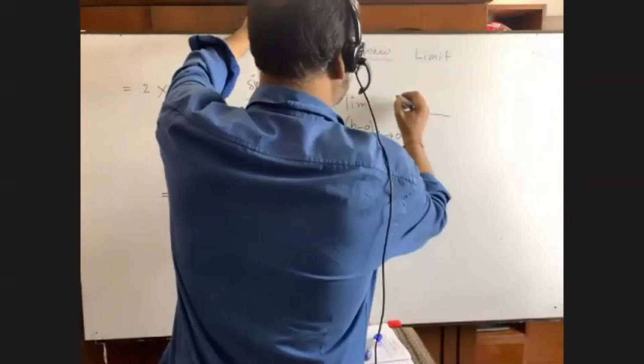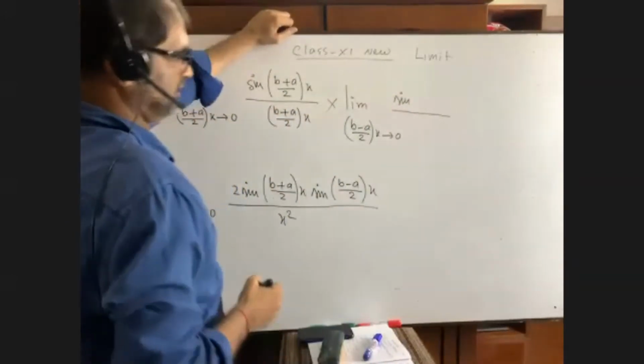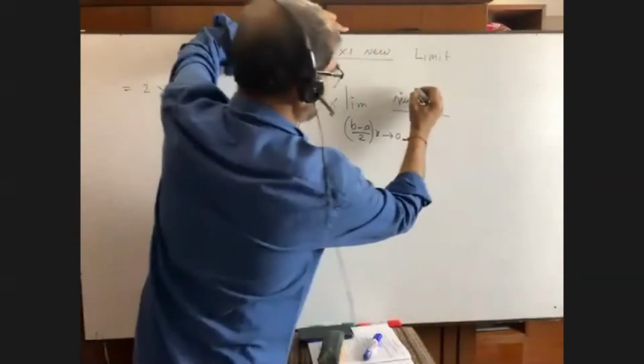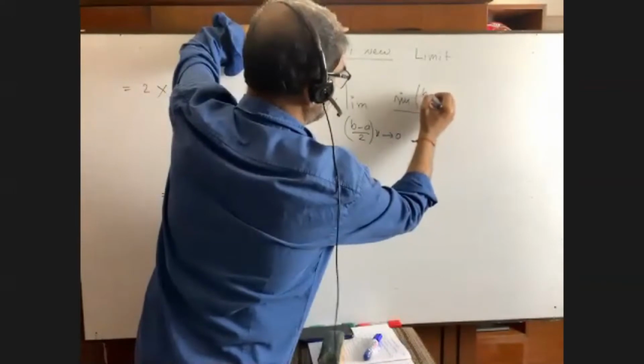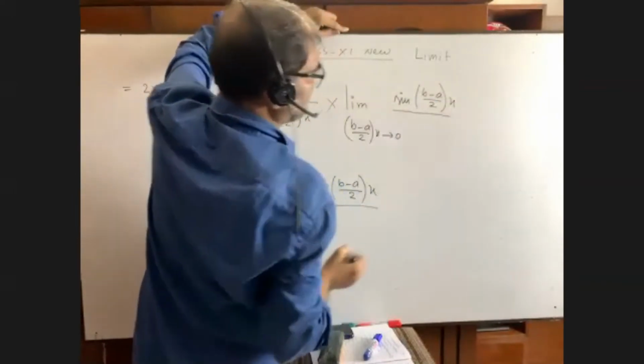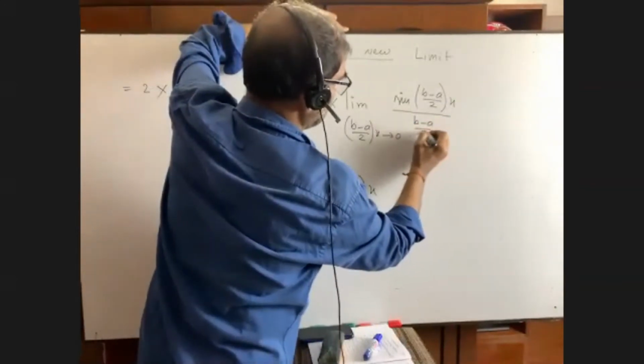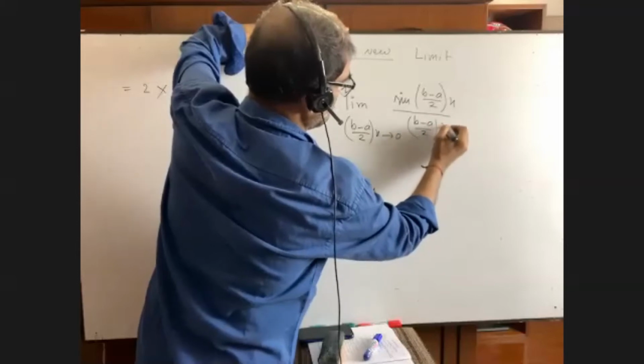Into sine theta by theta. What is theta? (b minus a) x by 2. This is sine theta by theta, with theta equal to (b minus a) x by 2.